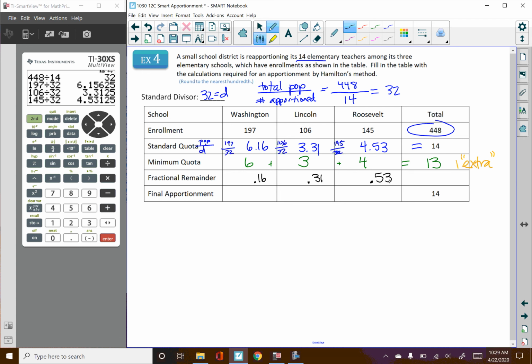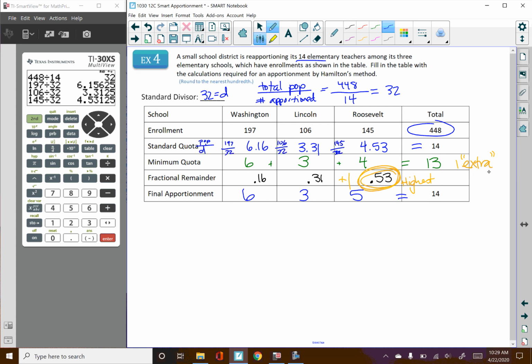So what you do for Hamilton's method is you look at those fractional remainders, you figure out which one is the highest, and that's the group that gets the +1, the one extra. So our final apportionment is that Washington will get 6 teachers, Lincoln will get 3, and Roosevelt will get 5. And that does add up to our total of 14.